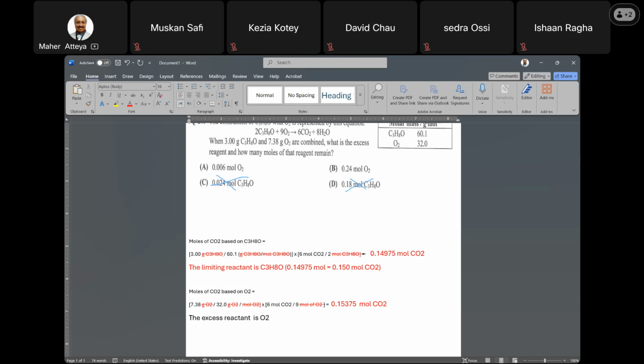And you can see this is the excess, correct, guys? So this is 1.50.